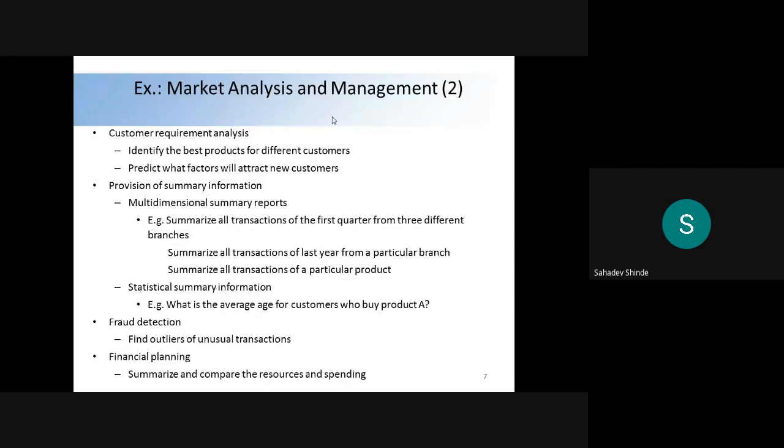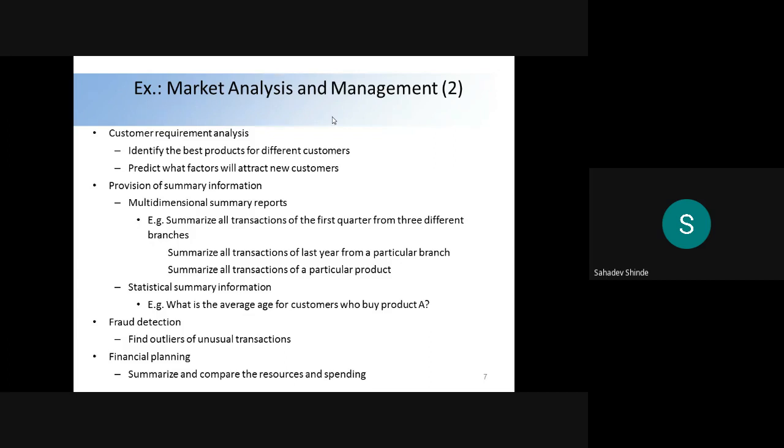Everything we can offer to the customers here. Okay. So we can help customers by identifying the best products for different customers and predict what factors will attract new customers. Very important. So we must predict what factors will attract new customers. It is possible only by using data mining concepts here.